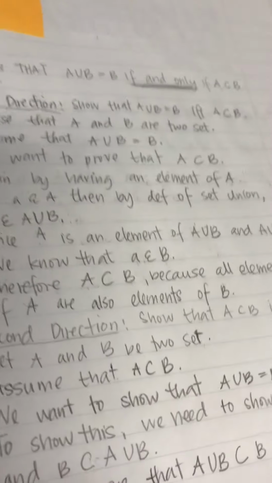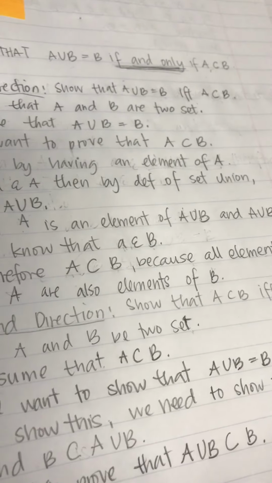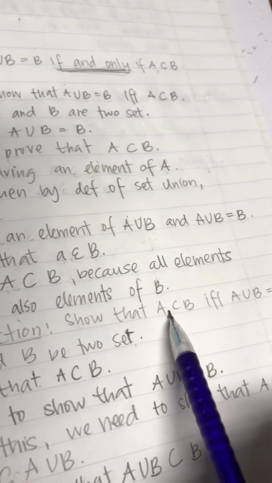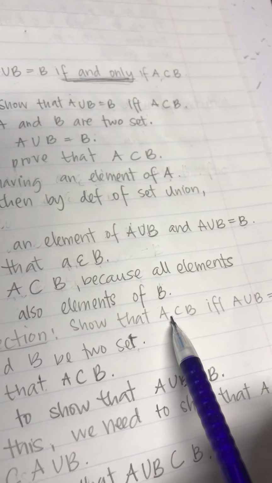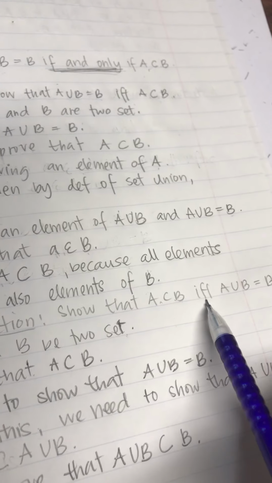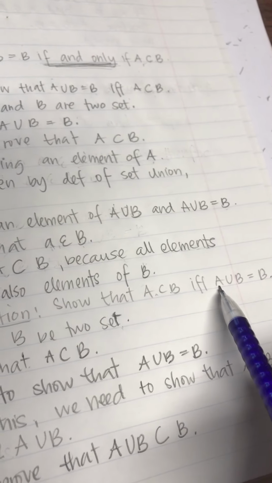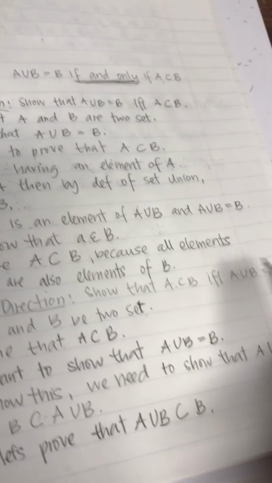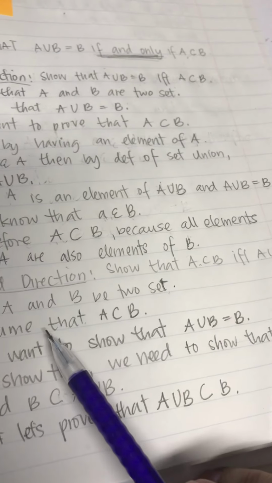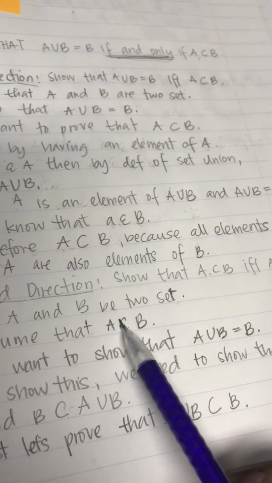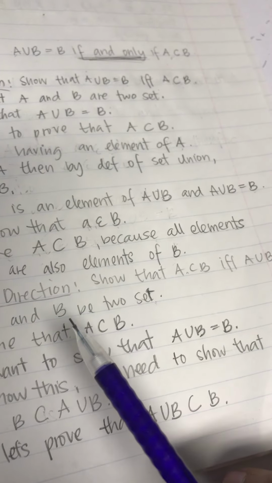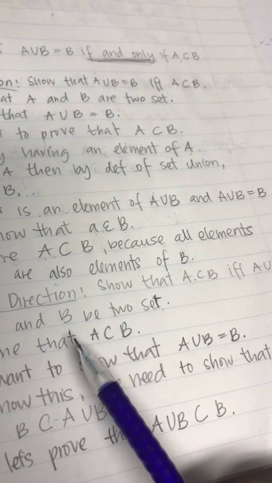We also need to do our second direction, which is to show that if A is a subset of B, then A union B equals B. Let A and B be two sets.